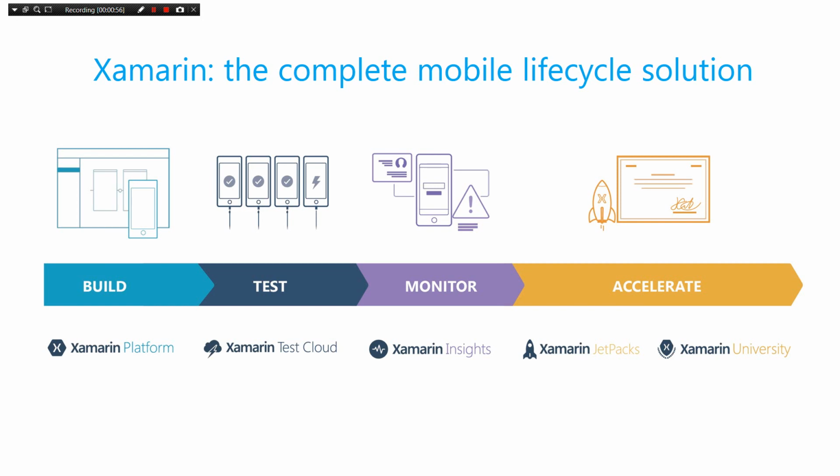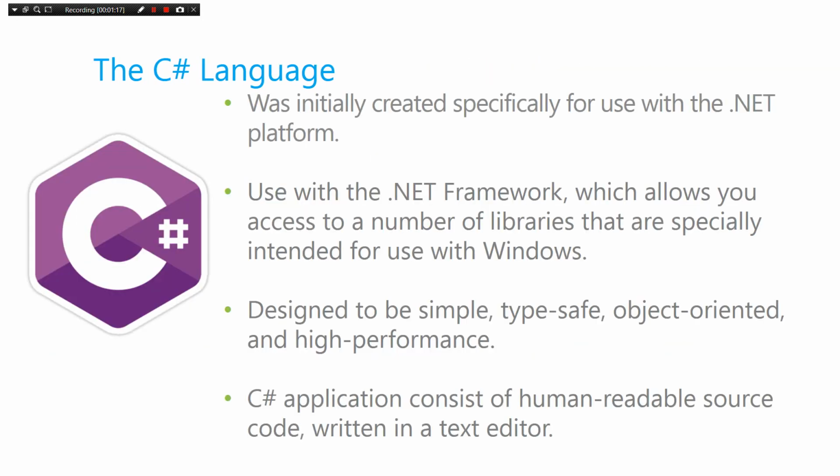Xamarin products and services empower you to mobilize your business, create apps that users will love, but bring efficiency to the whole development process so your enterprise can really scale the whole initiative. Let's start with C Sharp.